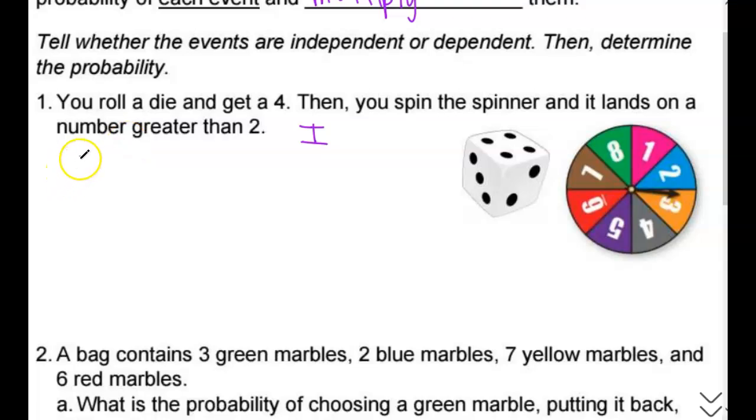So what is the probability of rolling a die and getting a 4? 1 out of 6. There's one side that has a 4, and there's 6 total sides, right, on a cube. Okay. What about this spinner landing on a number greater than 2? 6 out of 8, which is 3 out of 4. Same thing. If you want to simplify before you multiply, that might be easier.